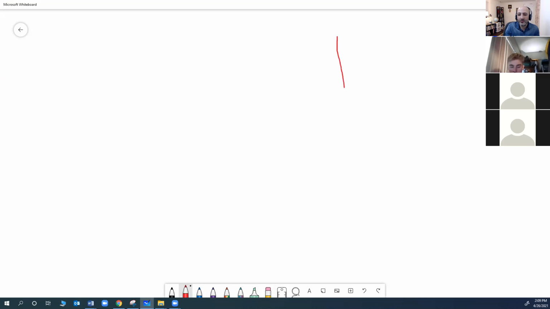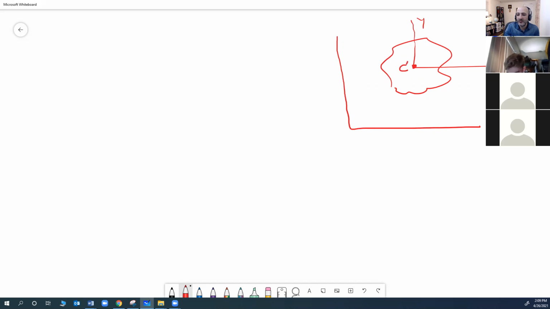If I have an area, any area, and this is the centroid of that area, and this is another arbitrary axis.